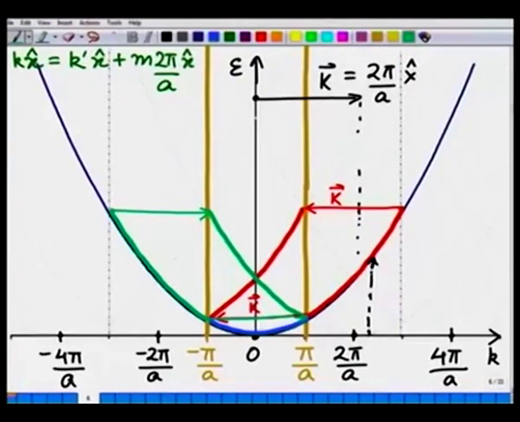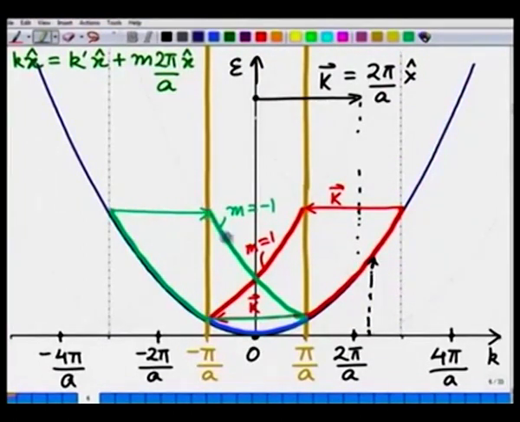Essentially, what we have done is used m equal to 1 or m equal to -1 to transform all points into the same segment of the parabola, shown right here, into the first Brillouin zone.